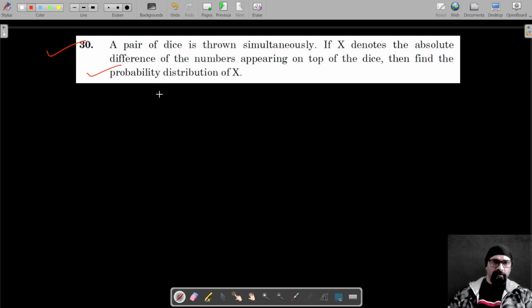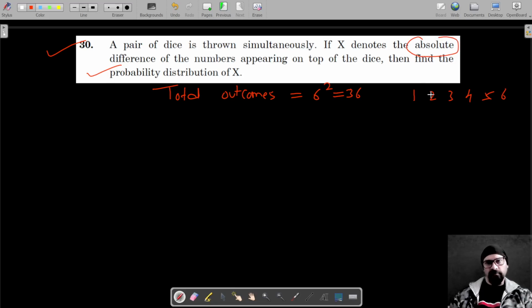So for a pair of dice, we know that the total outcomes is equal to 36. And what could be the possible differences? The smallest number is 1, and we have these numbers 1, 2, 3, 4, 5, 6, and it's given that it's the absolute difference. That is, we have to take the absolute value of the difference.